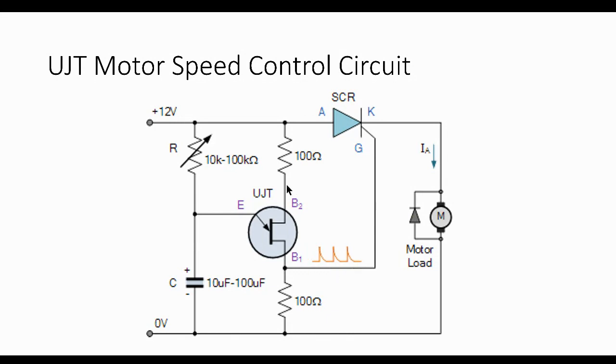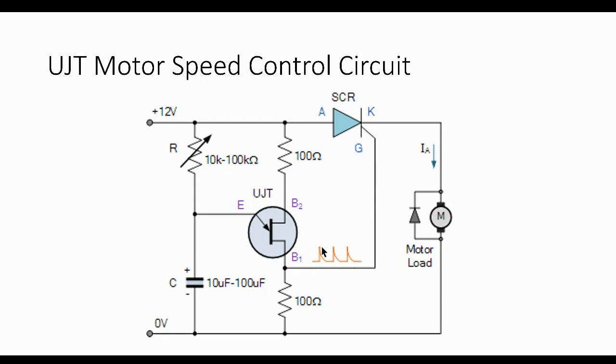So we didn't take the output from B2 but B1 at this point. Remember, at B2 the pulse train is going to be negative. So by taking it from base 1, we have a positive pulse, a narrow positive pulse, applied at the gate of our SCR, right?